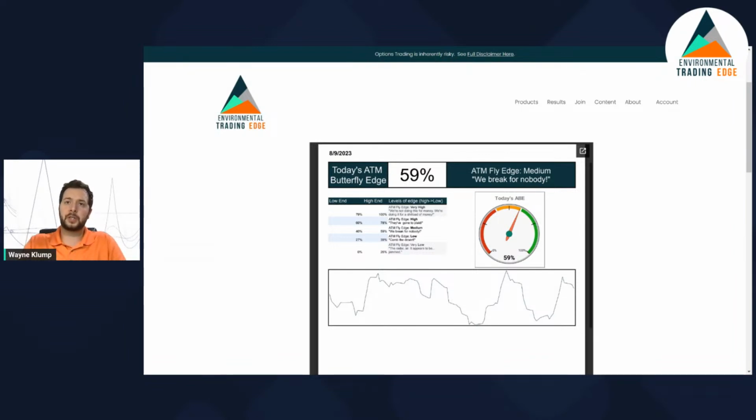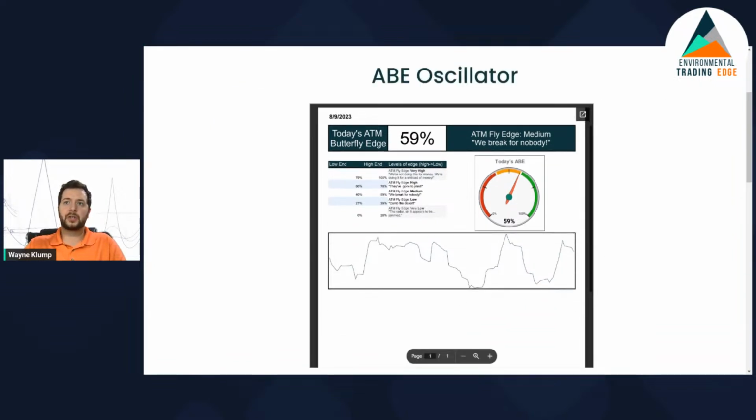Even though right now there are a lot of people saying, oh yeah, it's a great time because volatility is high. Volatility is not always correlated with good butterfly pricing or good condor pricing. That just happens to be how options are priced along the chain. Now, you can see here that over the last couple days, we have started to come down from a peak in the ABE indicator.